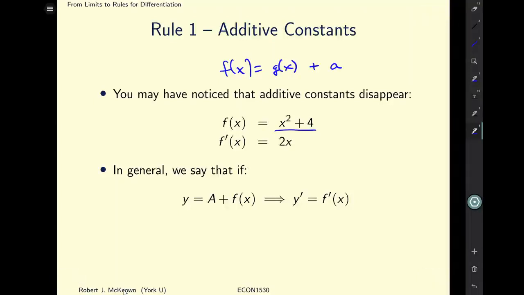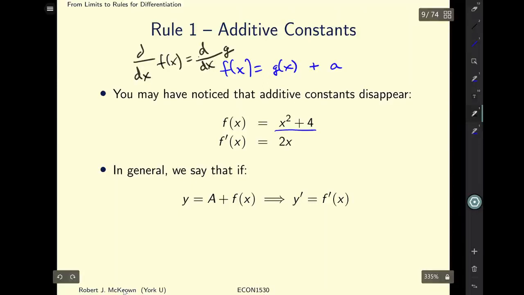So that's a very formal way of writing out this specific example, but we know that if we take the derivative of f of x with respect to x, we're going to get the derivative of g with respect to x plus 0, plus nothing. That a is just going to disappear.